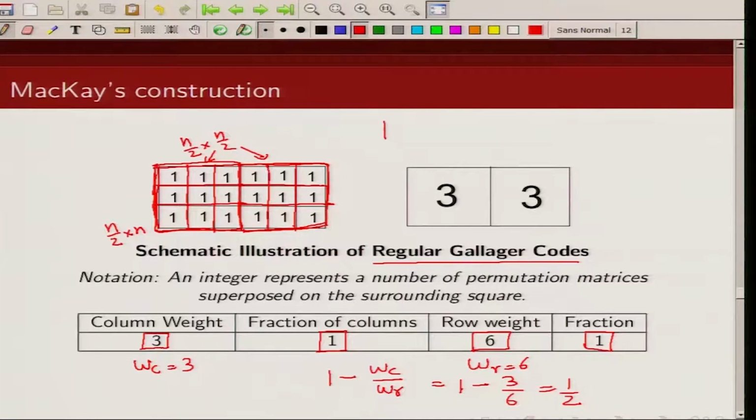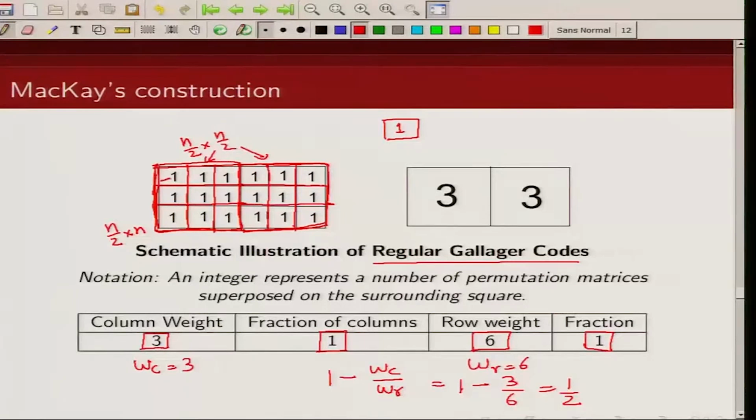What does this signify? This is a notation that we are using to denote a permutation matrix. This is one random permutation matrix, and this is another random permutation matrix, where the location of ones is different from what was in this particular matrix. So, these that you see here are all random permutation matrices.